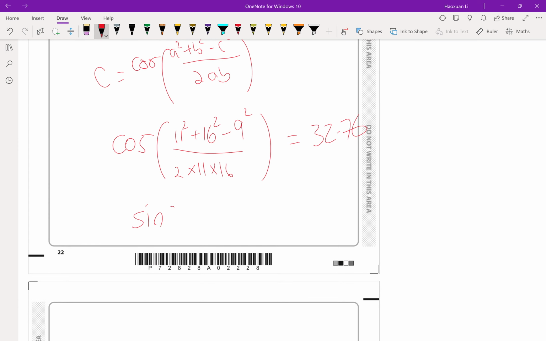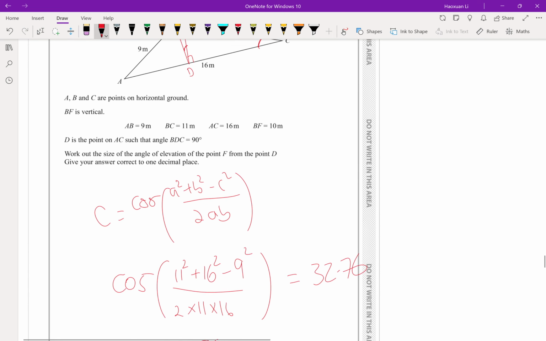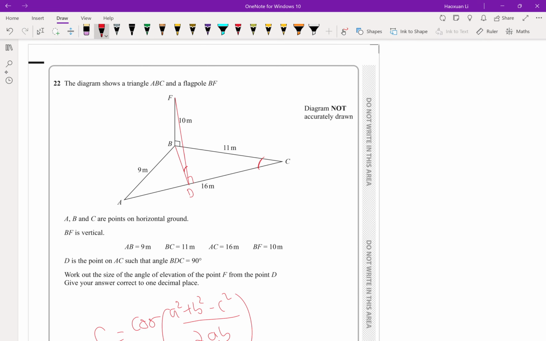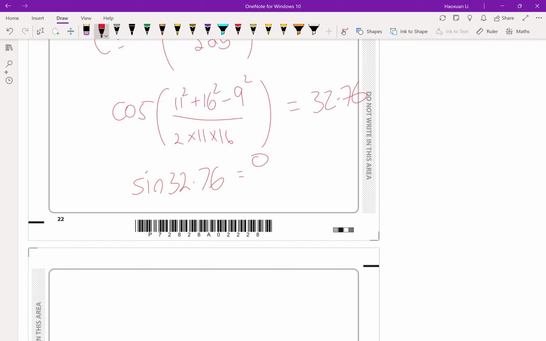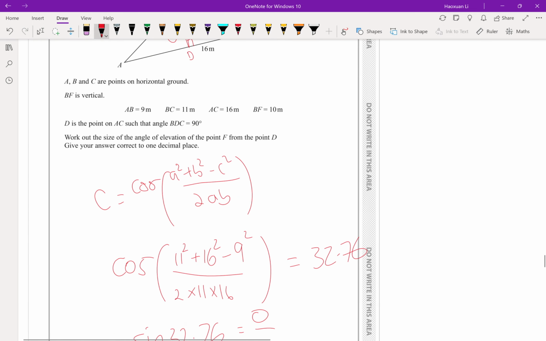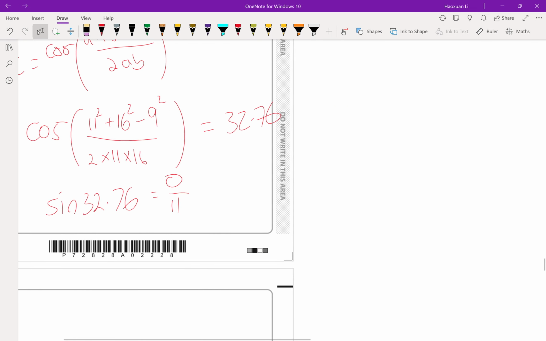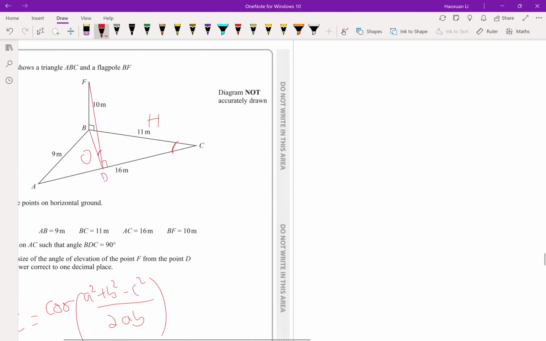So sine 32.76 equals opposite over hypotenuse. So this is the opposite, and this is the hypotenuse. So opposite over 11. So therefore opposite will be equal to 11 times sine 32.76, which is 5.95.